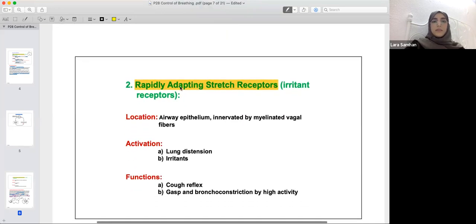Moving into the second pulmonary reflex, it's called rapidly adapting stretch receptors. From the word itself, it says rapidly. That means we want to have it happening very quickly. When will this receptor work very quickly? Once we have something irritant.